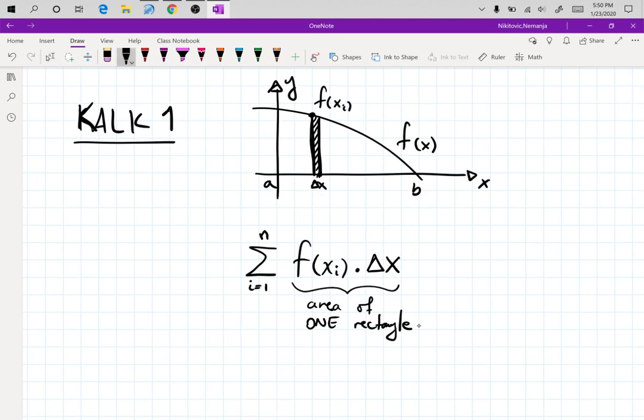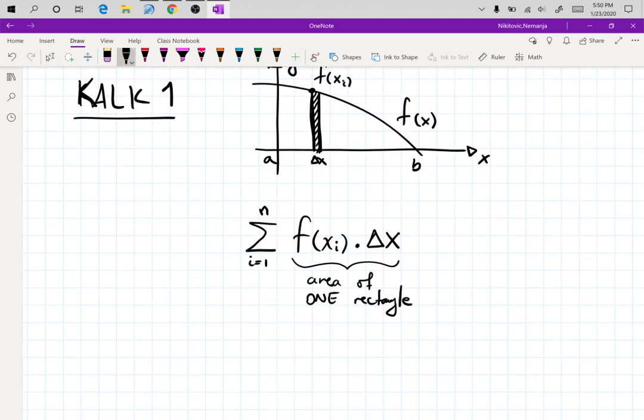Maybe you have 10 rectangles, maybe you have 10,000 if you are programming, and you should. Maybe you have 1,000,000 rectangles. The more rectangles you have, the better the approximation. So this sum will be the area of many rectangles.